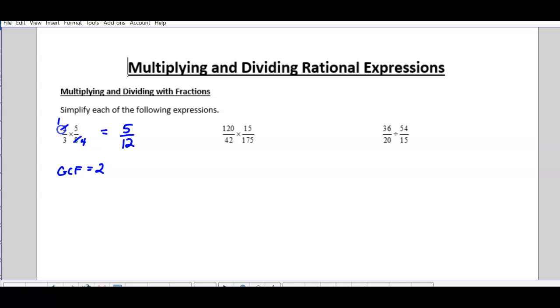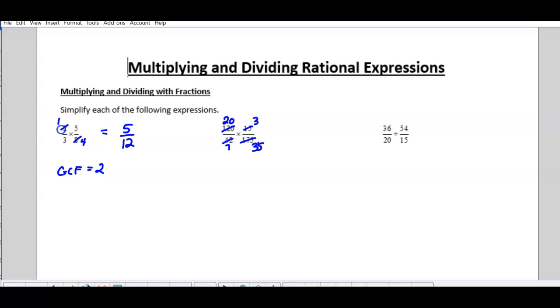Next one, these are pretty big numbers, so you might not know right away. 42, I know 6 goes into that, so I'm going to divide that, get 7, and 6 goes into this 20 times. Then I know that 5 goes into this 3 times, and 5 goes into that 35 times.